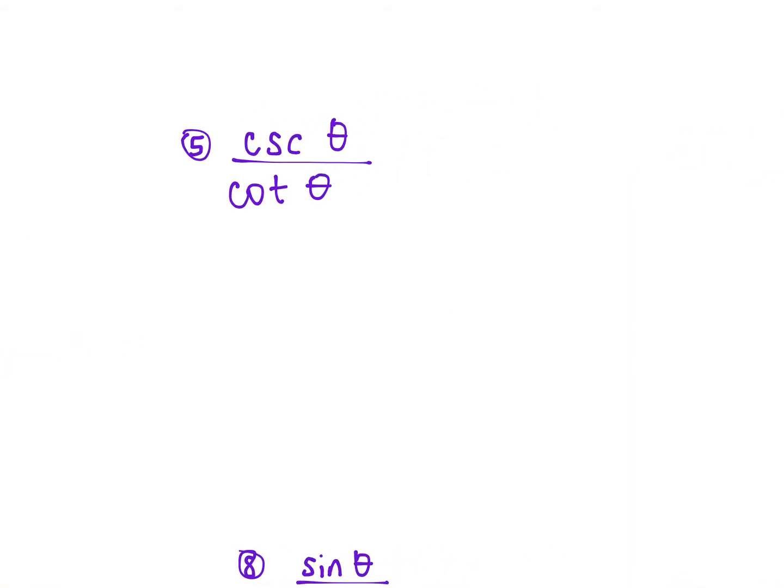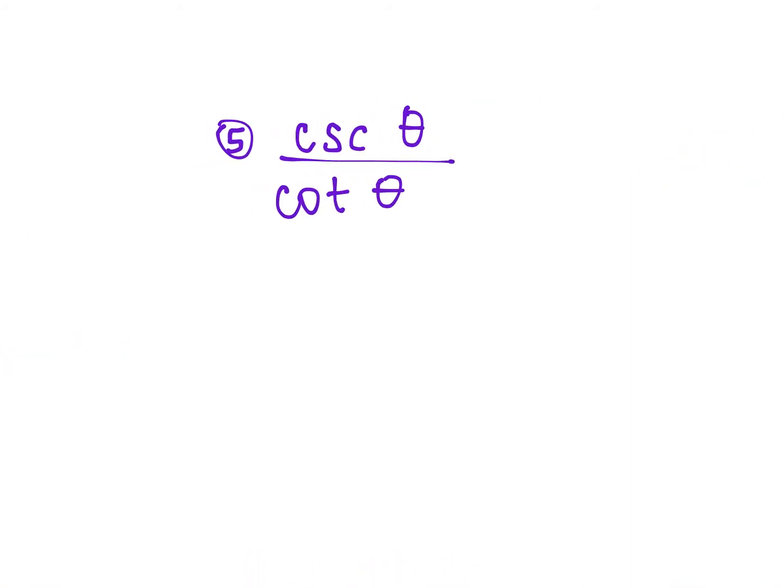All right, number 5. What should I do first? Put everything in terms of sine and cosine. So cosecant would be 1 over sine. Yes, cotangent is cosine over sine.